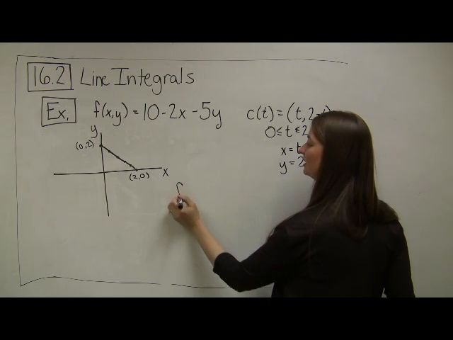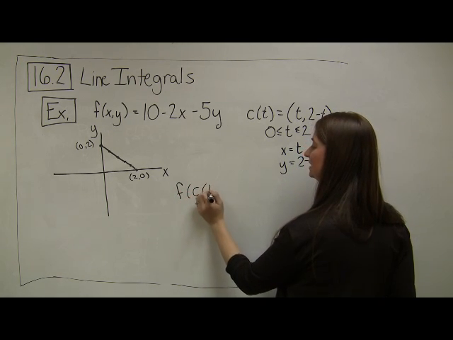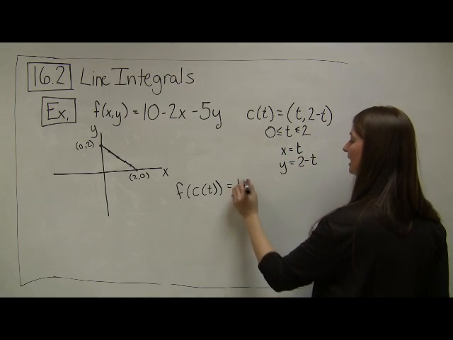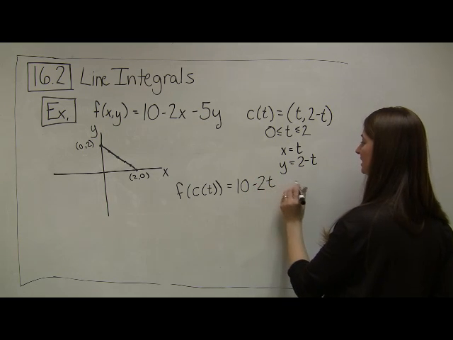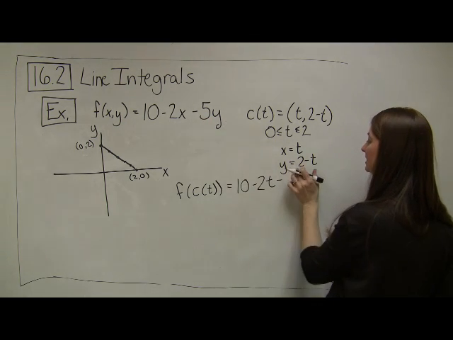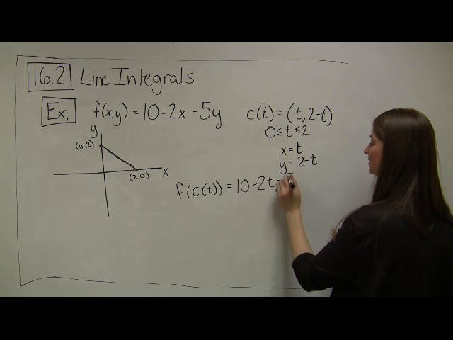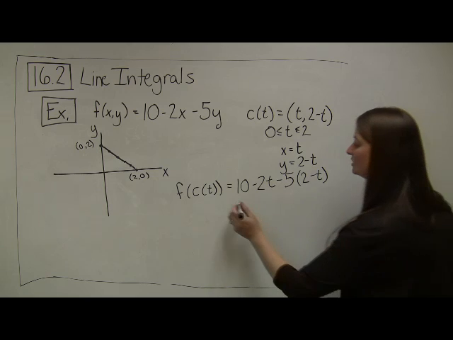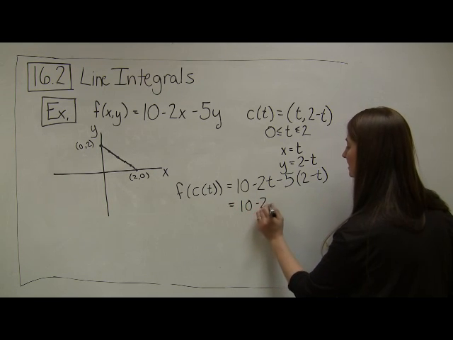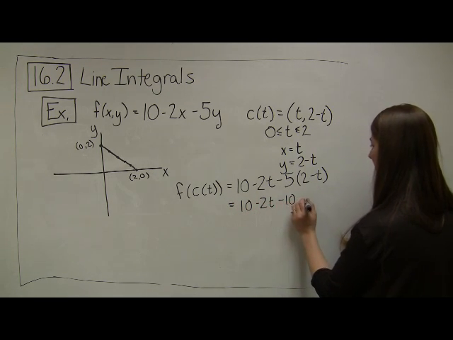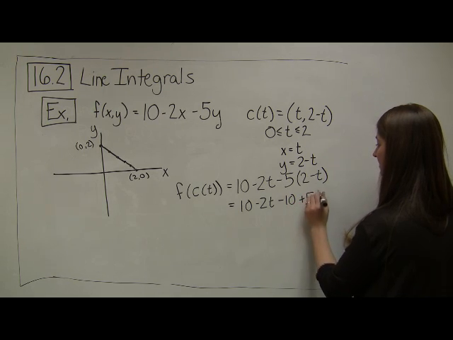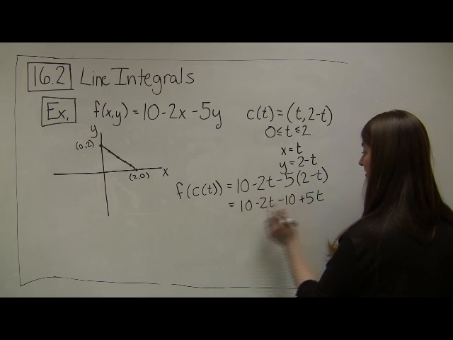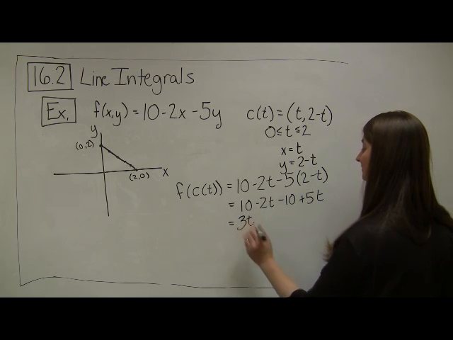So that way, if I want to know what is f of c of t, I'm going to plug in t for my x value, and I get 10 minus 2 times t, minus, and I'm going to plug in 2 minus t for my y value, 5 times 2 minus t. And now I can do a little bit of algebraic simplification. 10 minus 2t minus 10 plus 5t. I get the plus 10 and the minus 10 canceling one another, and I get just the function 3t.